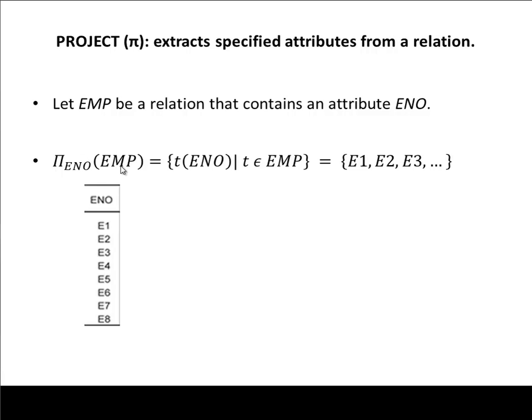So we want to project from the employee relation. Notice how we put the relation name inside the parentheses. This operator is on the outside. And here's our restriction, ENO. What we're doing is selecting the column or attribute ENO from the employee relation.